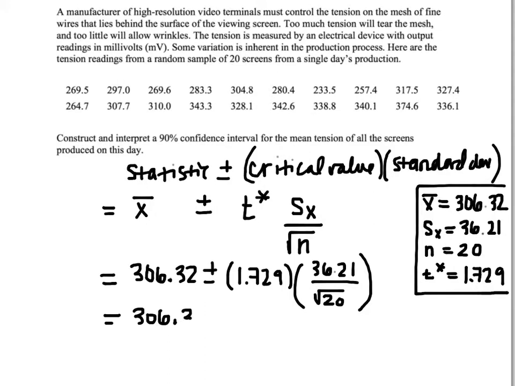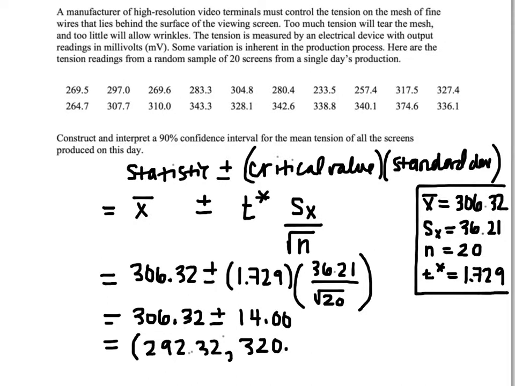So 306.32 plus or minus 14. And we get a confidence interval of 306.32 minus 14, which is 292.32, to 306.32 plus 14, which is 320.32. And that's my confidence interval.